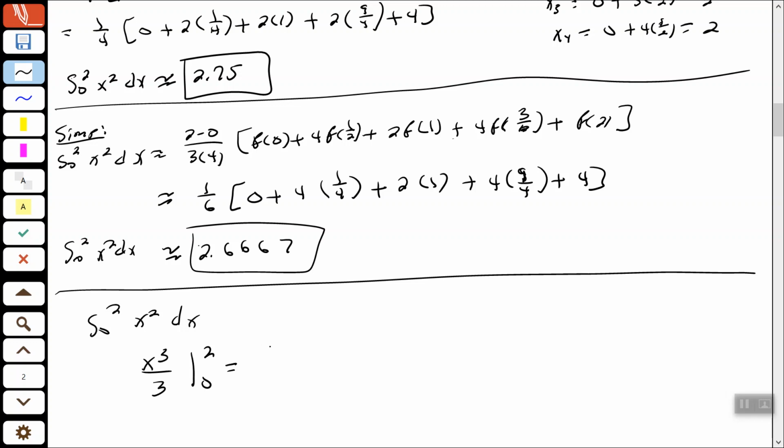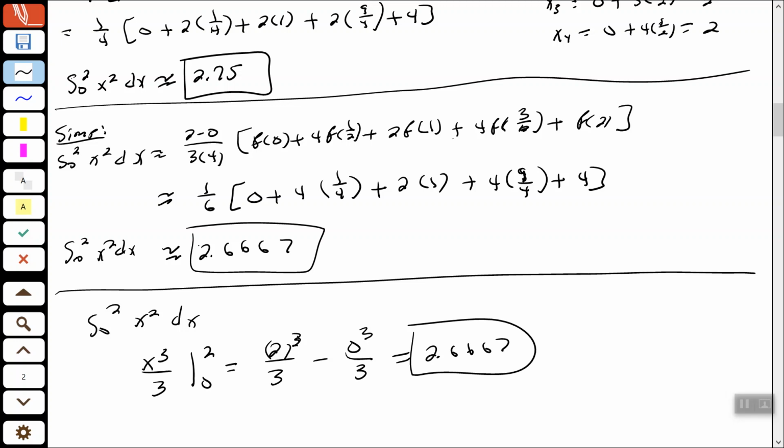Then we would substitute in, so we have 2 cubed divided by 3 minus 0 cubed divided by 3, and that will give you approximately 2.6667. So like I said, the Simpson's rule formula is a little bit closer of an approximation if you can use it, but you can only use it if the number of intervals is an even number.